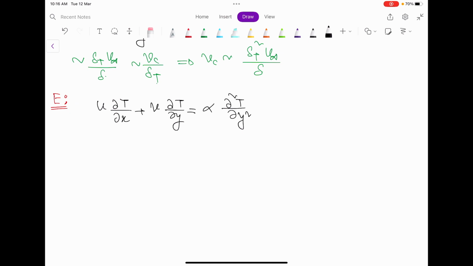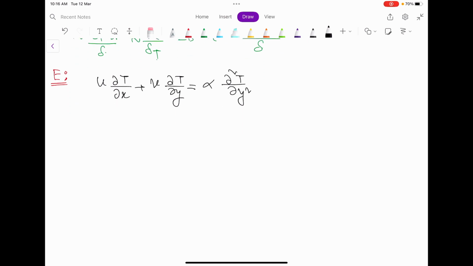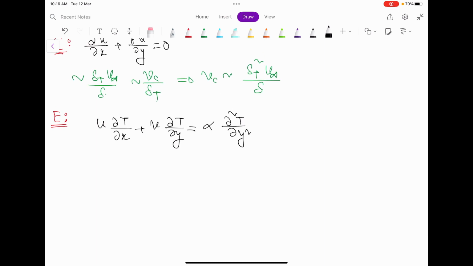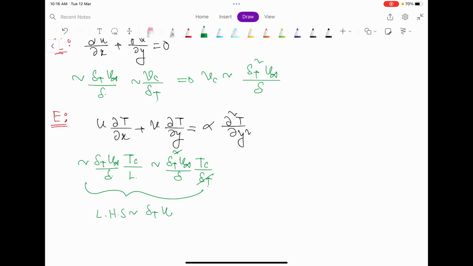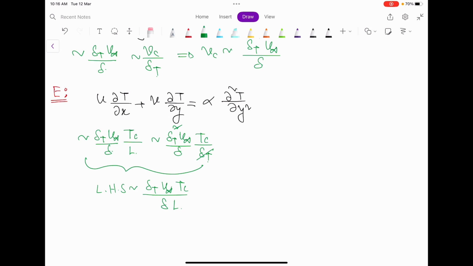Now if I do the scaling here, this term will be Uc, that is delta t u infinity by delta, into some Tc by L, that is the scale for x. Now Vc is delta t square u infinity by delta, Tc by delta t. See that delta t and delta t cancel out, and the whole LHS is of the order of delta t u infinity Tc by delta into L.